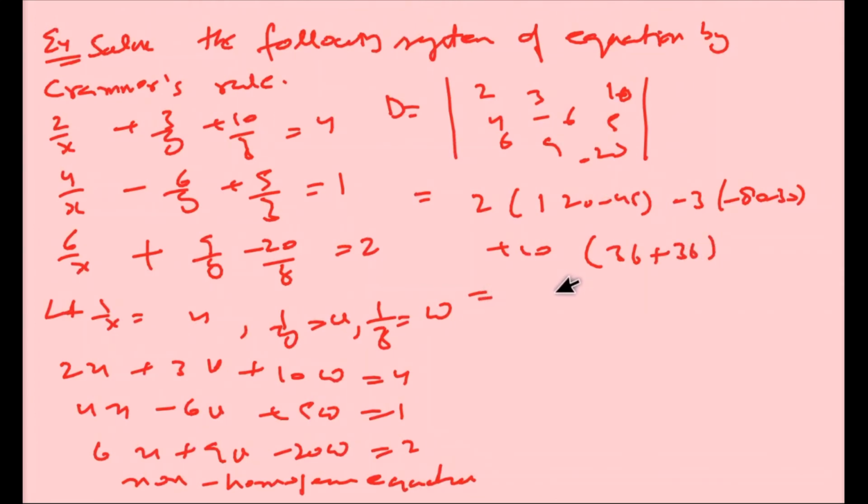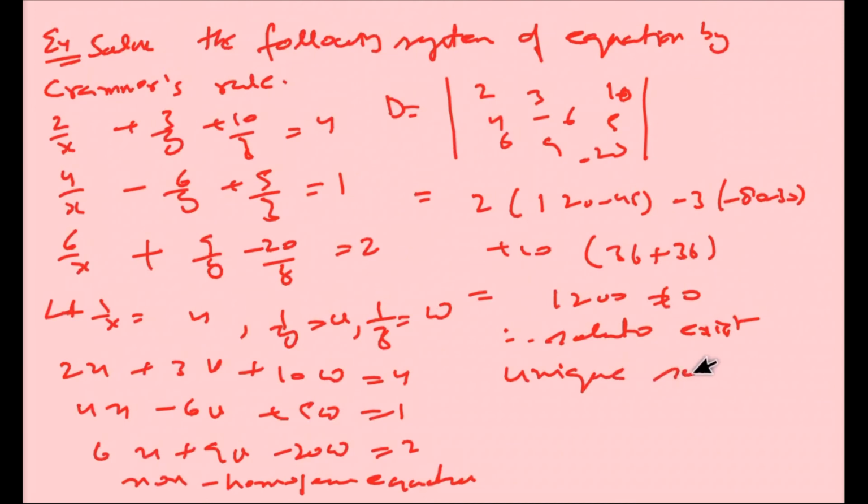So solving this we get 1200, that is not equal to 0, hence a solution exists. So we can say unique solution, system consistent.